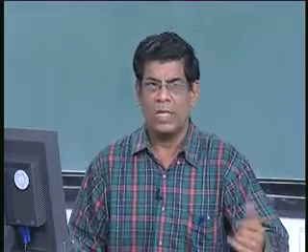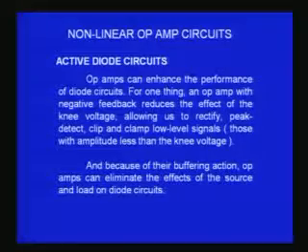But unfortunately, when my input signal is about 1 volt or even less, then if I use a silicon diode, to forward bias it you have to sacrifice about 0.7 volts, which is the cut-in voltage of the silicon diode. So if I apply a signal with a peak voltage of 1 volt, after passing through the diode for rectification you will be left with only about 0.3 volts or so, which is a very low voltage.